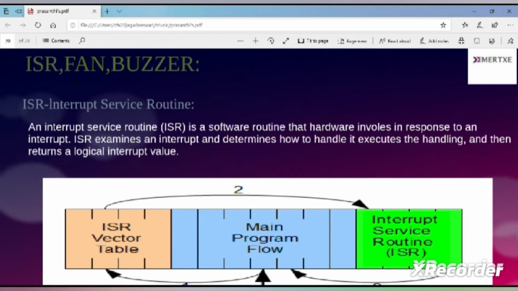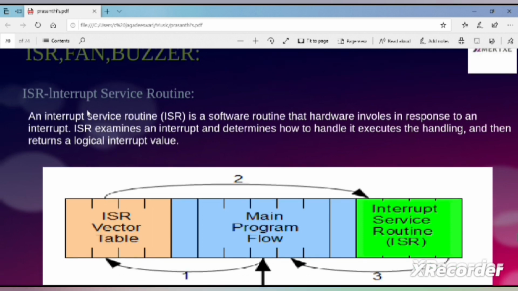ISR, fan, buzzer. These are important. ISR, interrupt service routine. An interrupt service routine is a software routine that hardware invokes in response to an interrupt. ISR examines an interrupt, determines how to handle it, executes the handling, and returns a logical interrupt value.